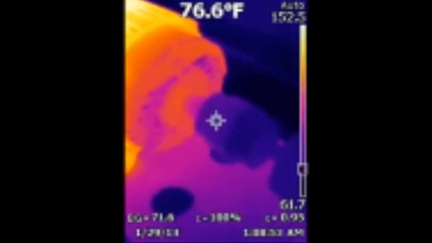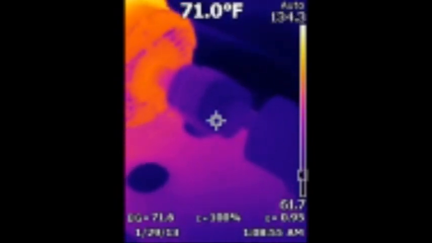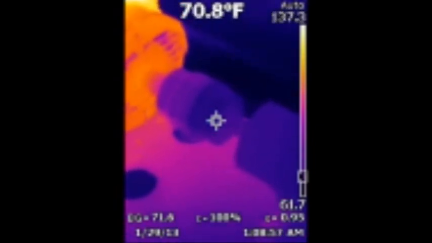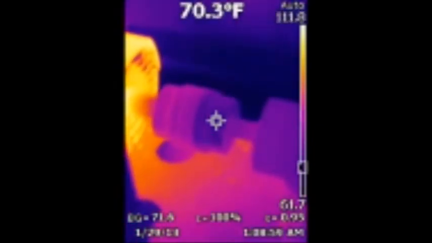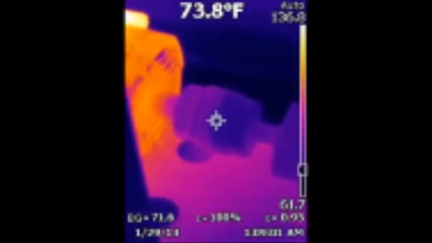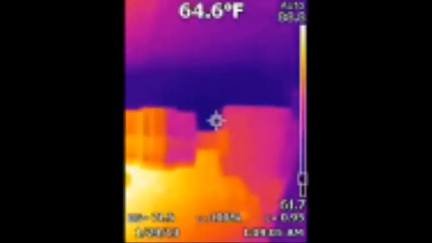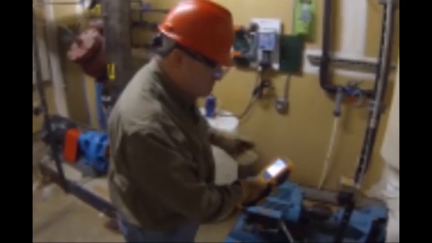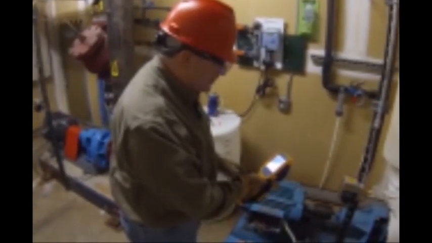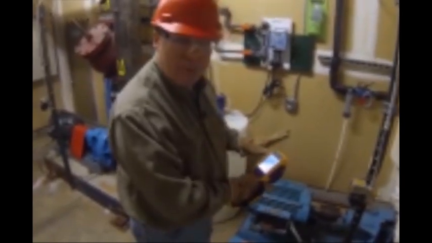I don't really know at this point. I'm not seeing anything significant, and because I'm not seeing any excessive heating on the bearing of the motor itself, tells me that more than likely the alignment's probably pretty good on here. So we're now going to take a look at the pump side and the pump. Don't see any issues here. I think this is operating really well.